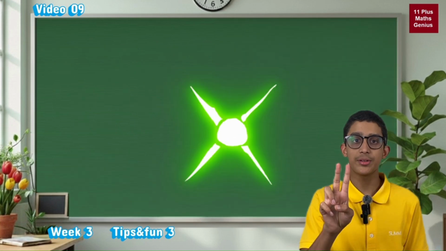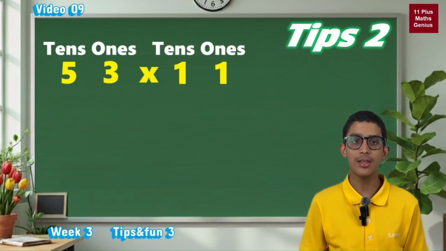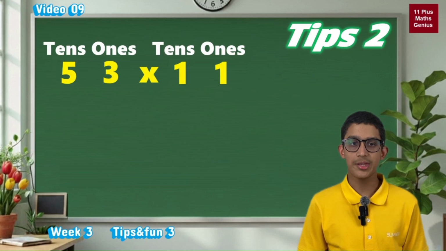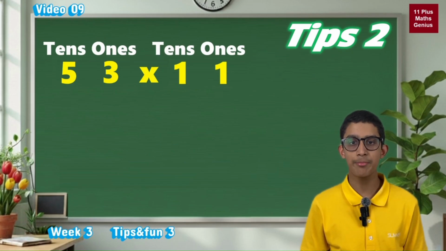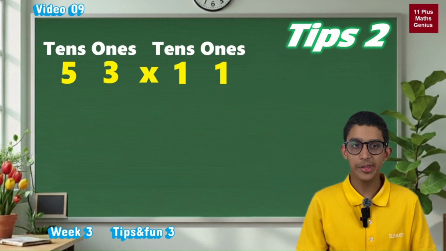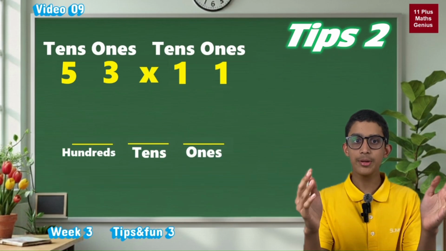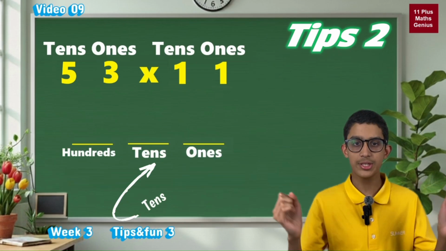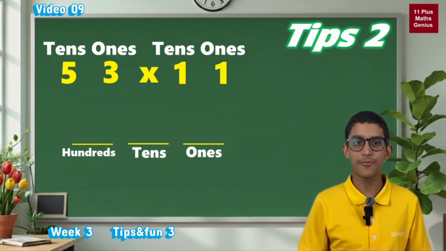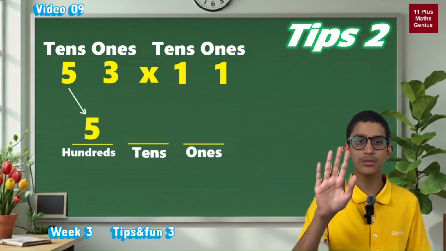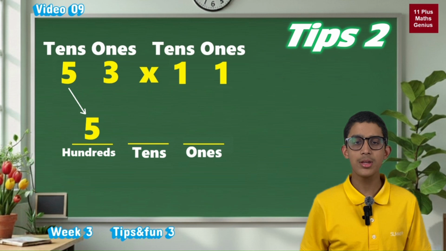Now, 53 times 11. This is a fantastic trick for multiplying a two-digit number by 11. Just separate the two-digit number and make a space for the tens position. So, in this case, 5 goes in the hundreds place. 3 remains in the ones place.